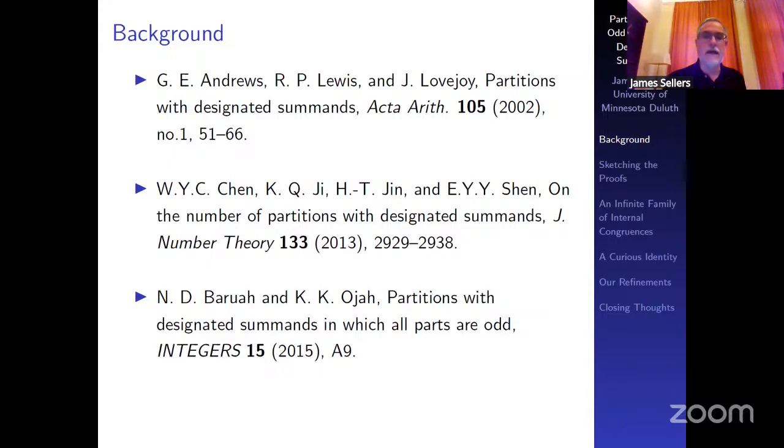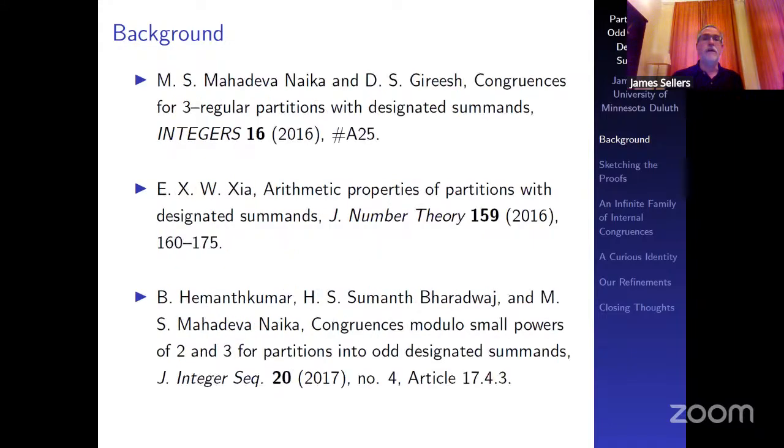Nayandip Barua and KK Ojha in the online Integers Journal in 2015 then focused on PDO of n. And there are other papers here. You may recognize some of these authors. Paper in Integers in 2016. Let me just point out this top paper on this page.